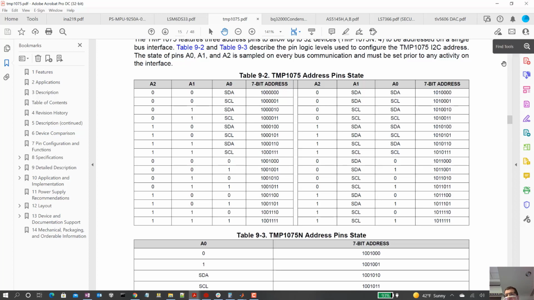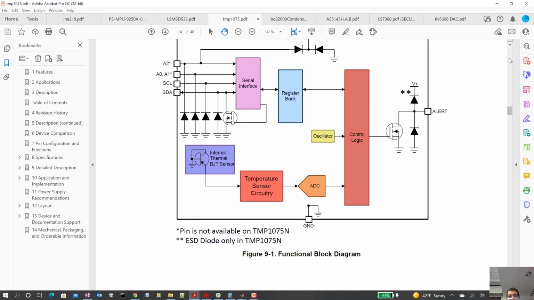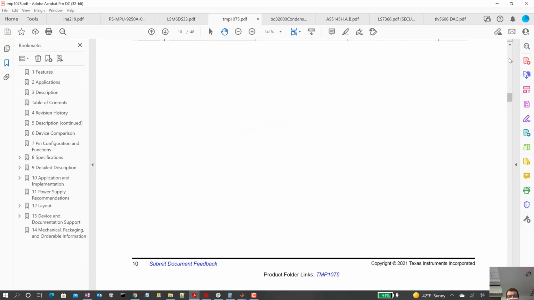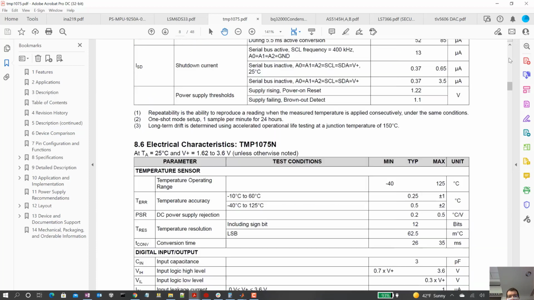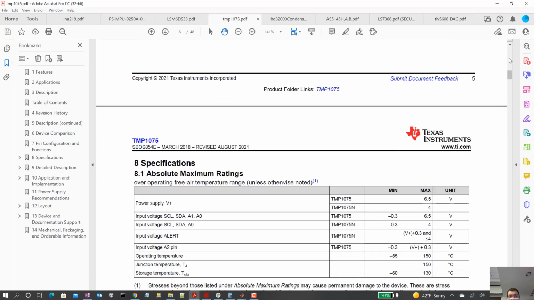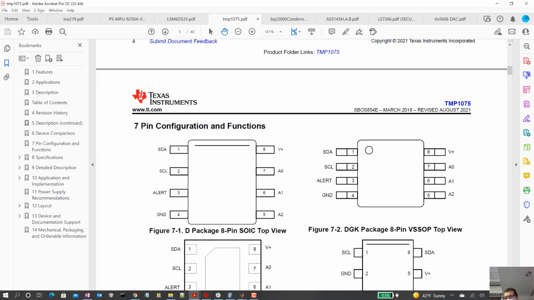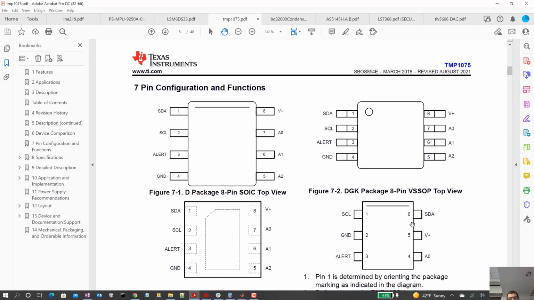Let's look at the pin out of this guy. Where is it at? Come on, where is it at? Here we go. So we've got our SDA and SCL lines for this temperature sensor. There's some alert. I don't know, maybe that's when the temperature gets up to a certain level, and maybe you want to shut off your CPU or something like that.